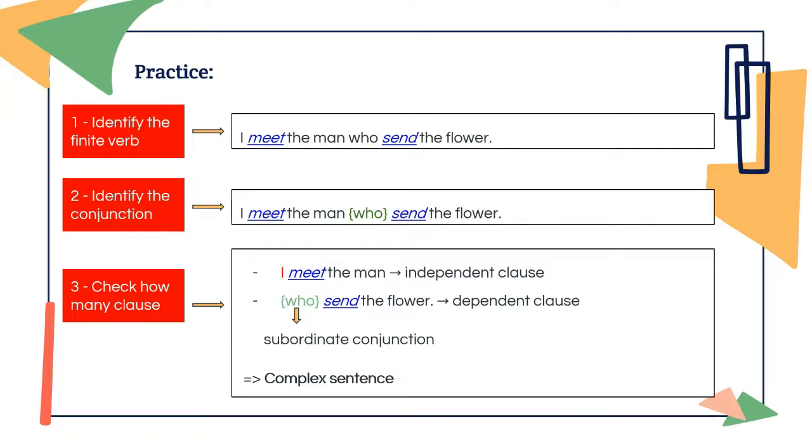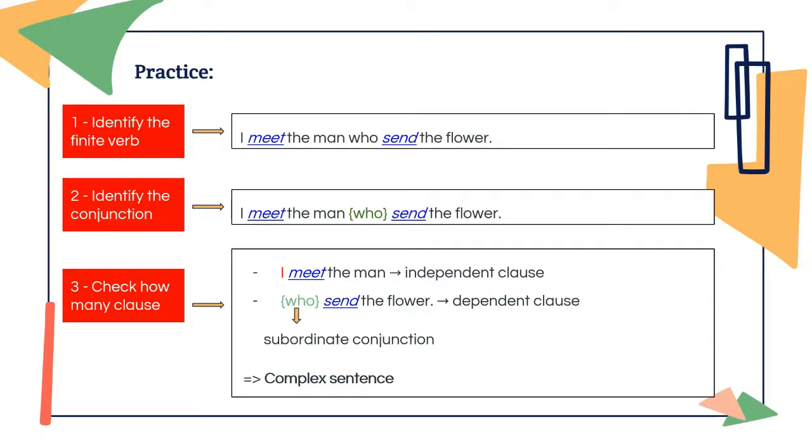And for the second sentence, "I met the man who sent the flower." For the first step, we identify the finite verbs: we can see "met" and "sent." The second step is to identify the conjunction. We can identify a subordinate, or relative, conjunction, which is "who." And the last step is to check how many clauses are in the sentence. Because we have one conjunction here, this sentence has two clauses.